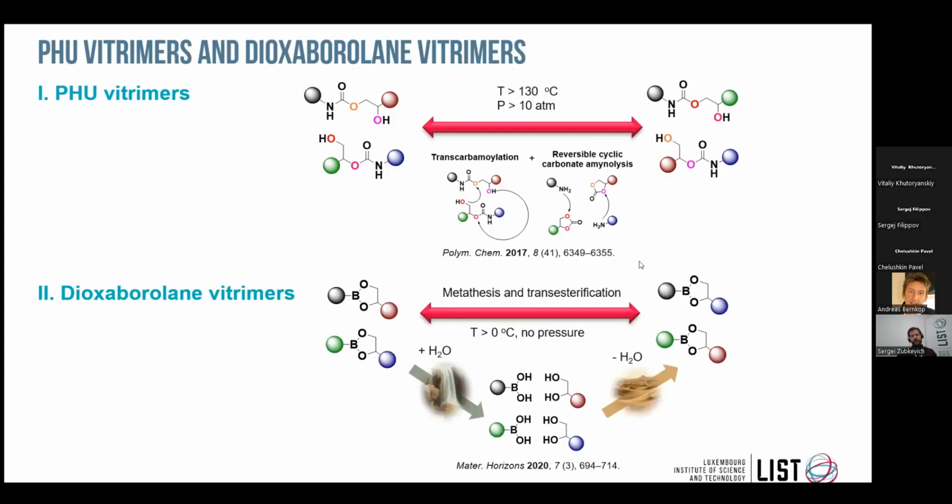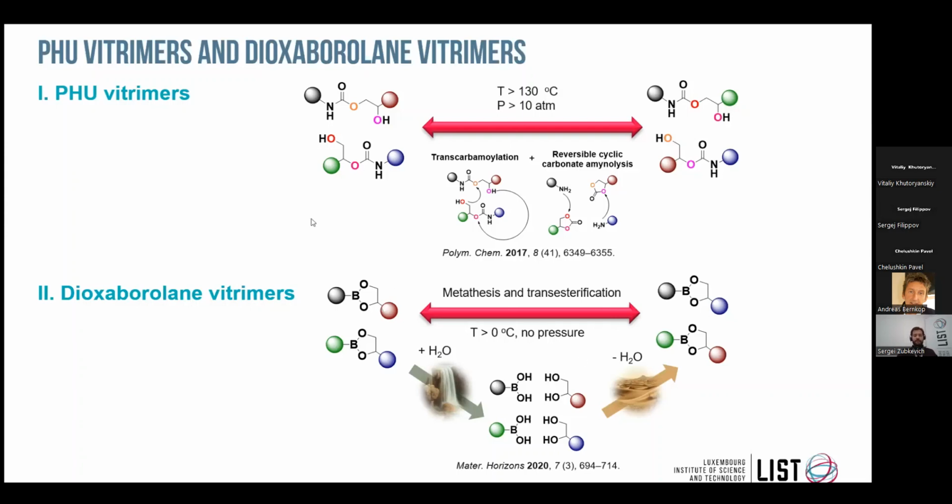On the other hand, there's another class of vitrimers or covalent adaptable networks, dioxaborolane vitrimers, which have these dioxaborolane moieties inside, and they can undergo fast dynamic exchange even at temperatures below zero or slightly above zero without any additional pressure. And moreover, if we add some moisture, they work like covalent adaptable networks.